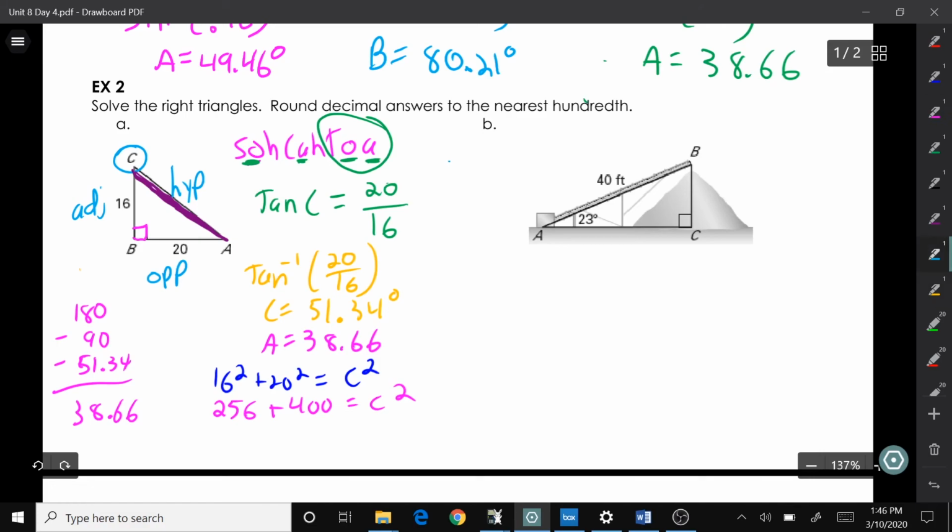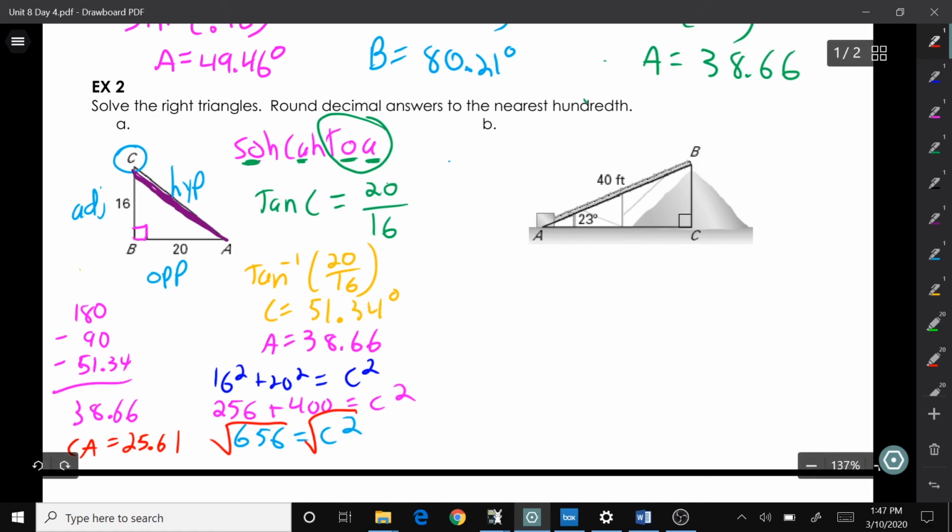I don't think this is a perfect square. 656 equals c squared, and then when I square root both sides, that gives me 25.61. I've run out of room here. So side CA is equal to 25.61. I'll write smaller for the next problem.